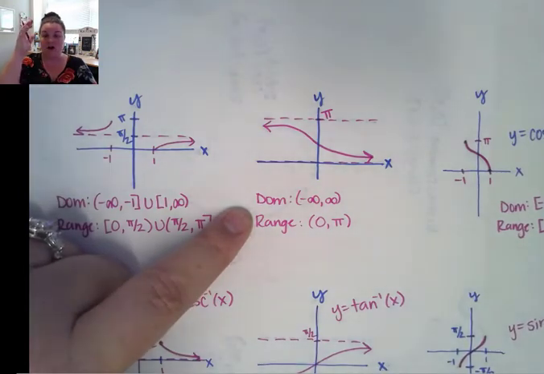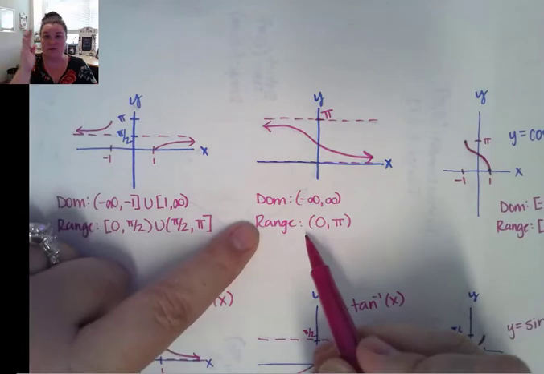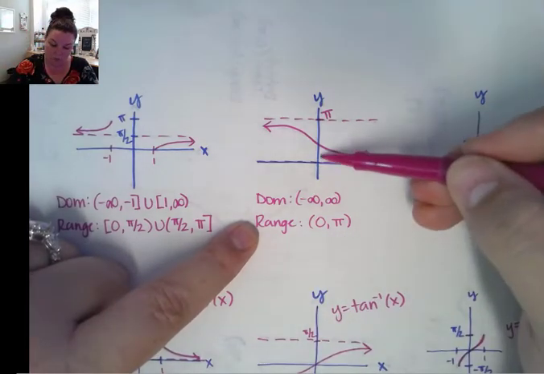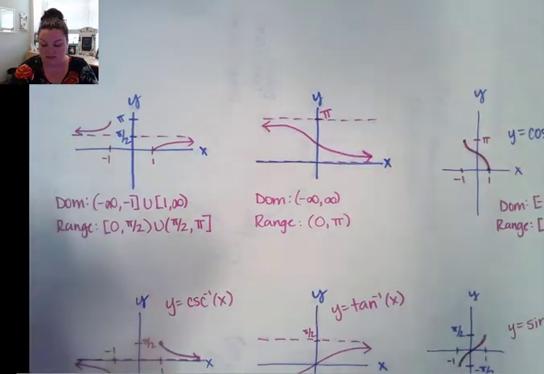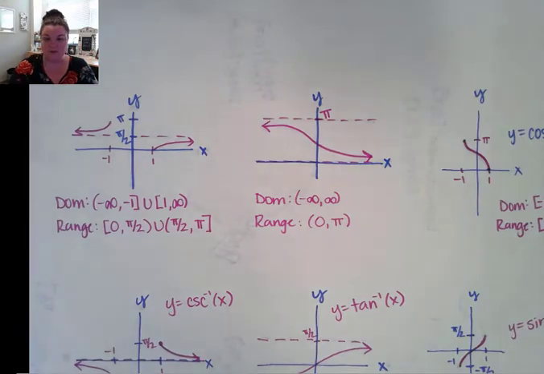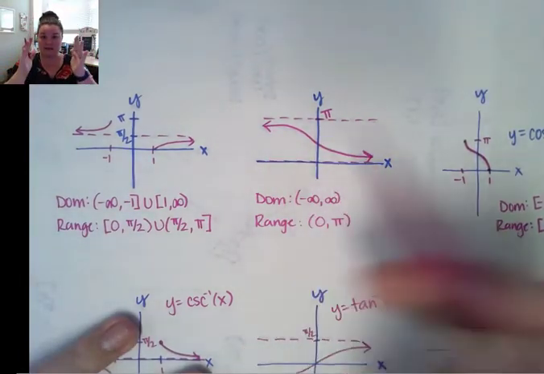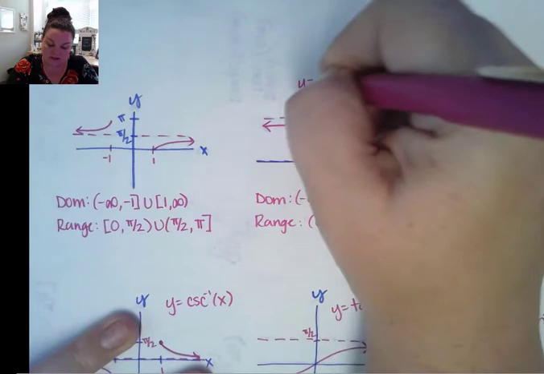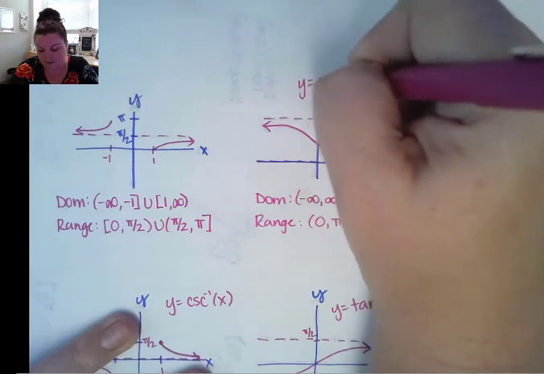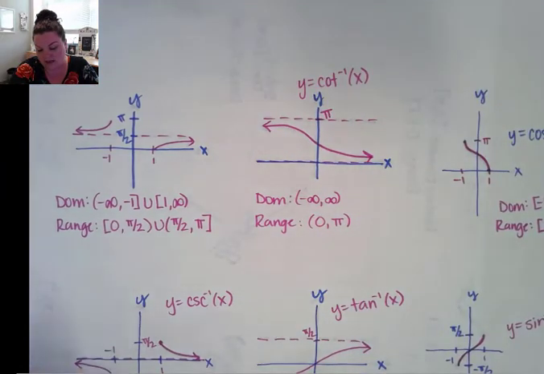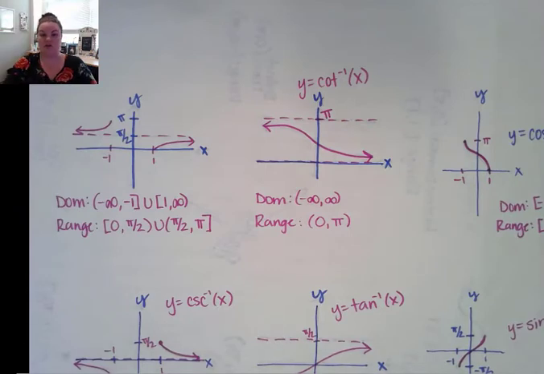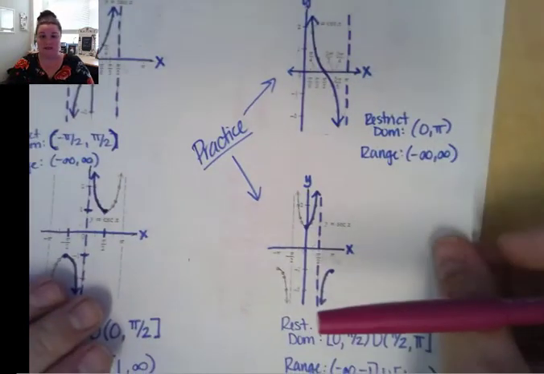And instead of our x's going from 0 over to pi, now our y's, or range, go from 0 up to pi. Instead of vertical asymptotes, we now have horizontal asymptotes, and this gives us our y equals cotangent inverse function. If you need more time, pause the video, but I'm going to move on to the next one.